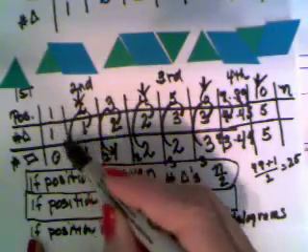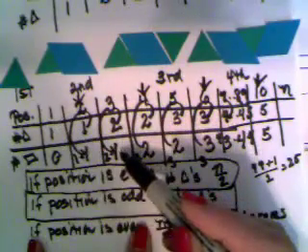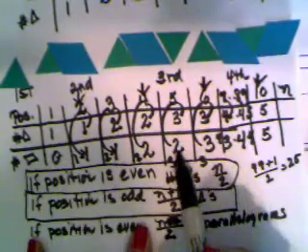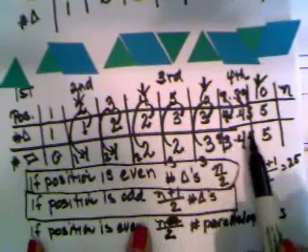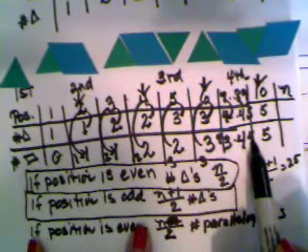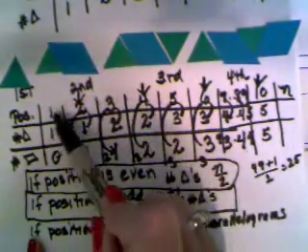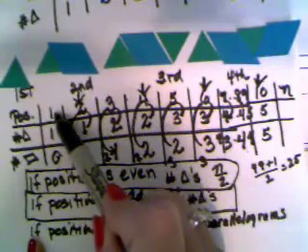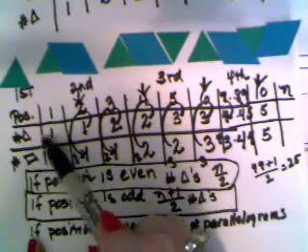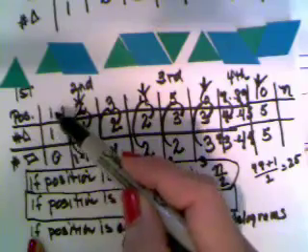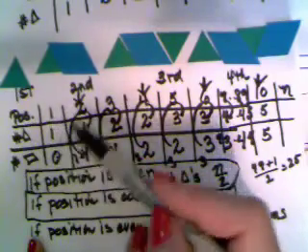So the difference is 1, we have 0, 1, 2, 3, 4. So this time if I add 1 and divide by 2, that's going to give me the number of triangles. So this time I'm going to need to subtract 1 and divide by 2.